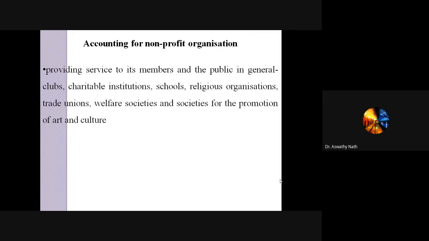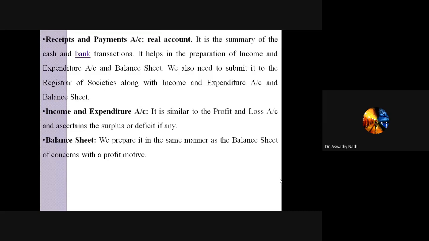Actually, these organizations do not undertake any business activity, and their motive is not making profit, but they have to prepare certain accounts. The different accounts they need to prepare are the receipts and payments account, the income and expenditure account, and the balance sheet. So these are the three accounts a non-profit organization has to prepare.